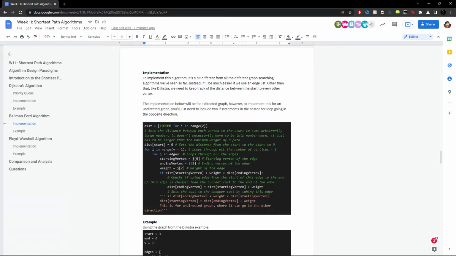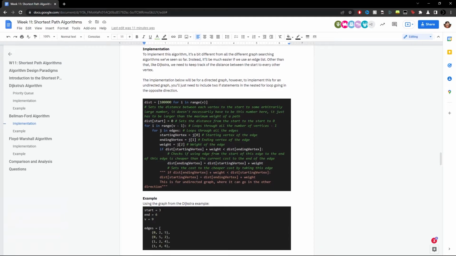We get the starting vertex of the edge, where the edge leads to, and the weight of the edge. And we just check if we take this edge: we take the distance we currently know to the vertex the edge starts from, and we add its weight, and that will lead us to this ending vertex, right?